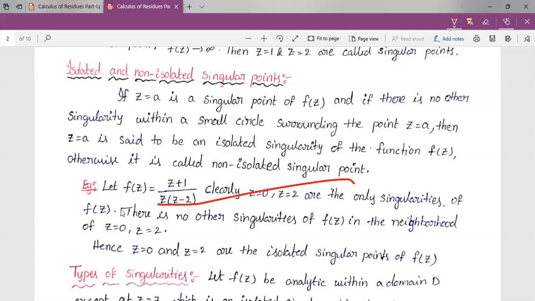So at the remaining neighborhood points of z equal to 0 and z equal to 2, the function is analytic. That means there are no other singularities in the surrounding of z equal to 0 and z equal to 2.